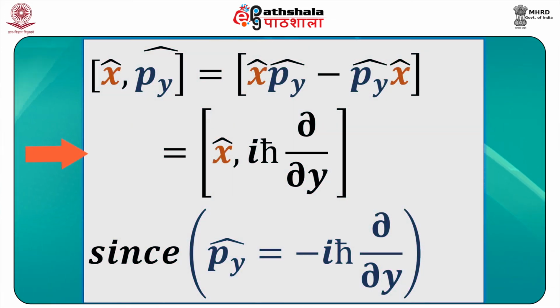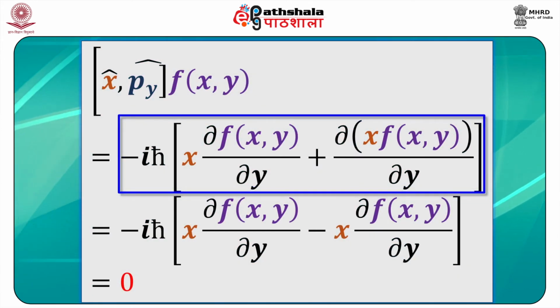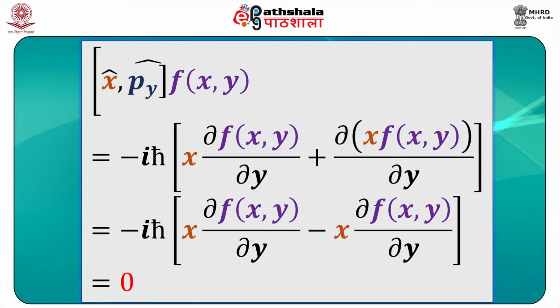Substituting the value of py, we get iota h cross del by del y, and operating on a function, we can expand the expression as minus iota h cross (x del f(x,y)/del y plus del x/del y f(x,y)), which is equivalent to minus iota h cross (x del f(x,y)/del y minus x del f(x,y)/del y), which is 0. This means that the momentum along the y axis does commute with the position operator in the x direction.